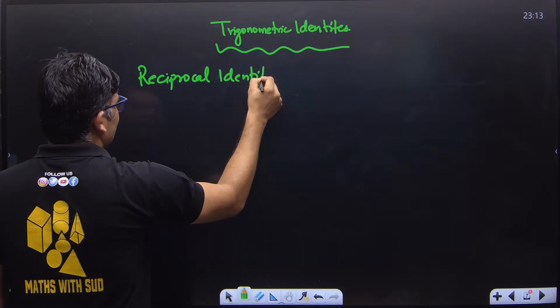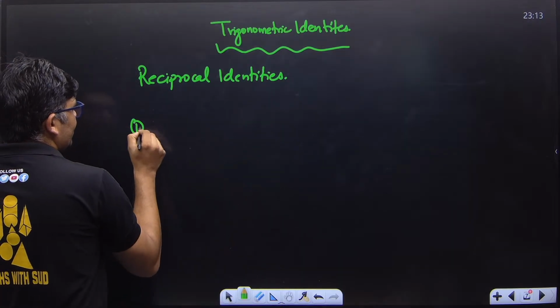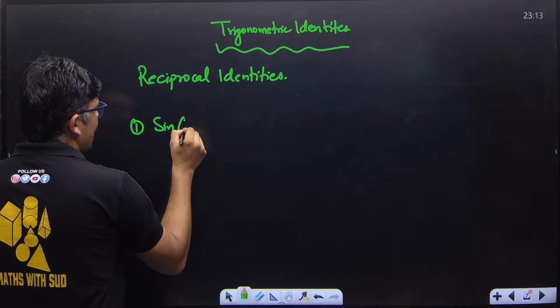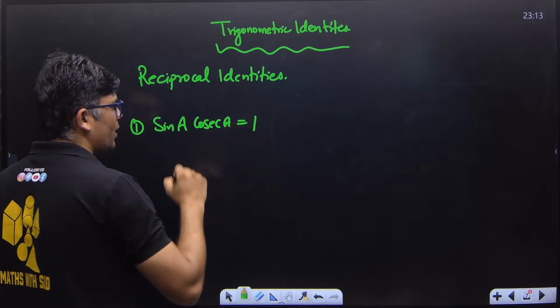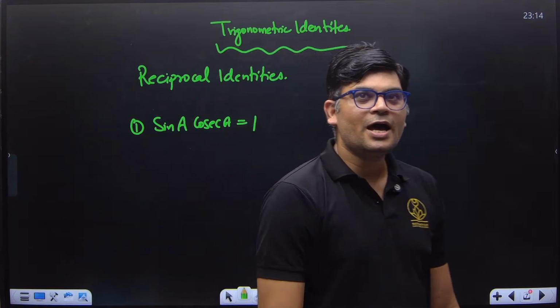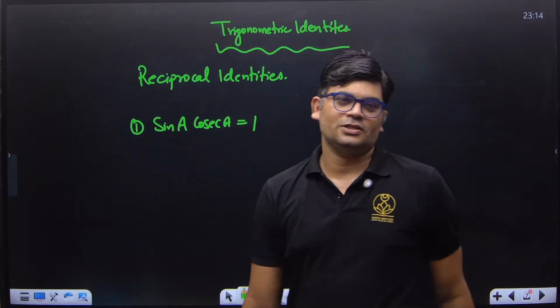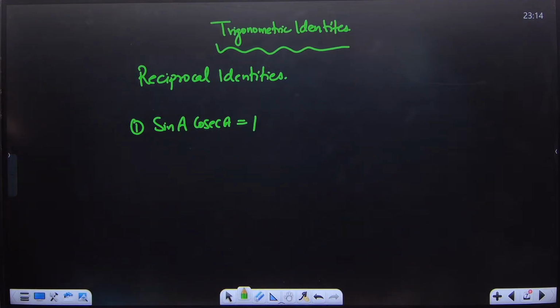There are basically 3 reciprocal identities. The first identity is sine A cosec A is equal to 1, because they are reciprocal of each other, and if you multiply two reciprocals you always get 1.